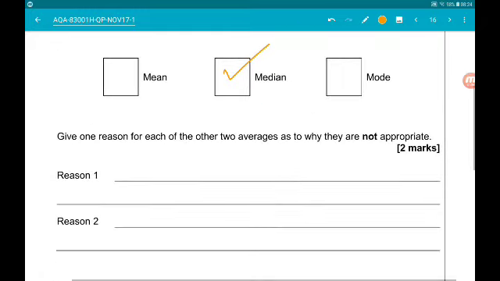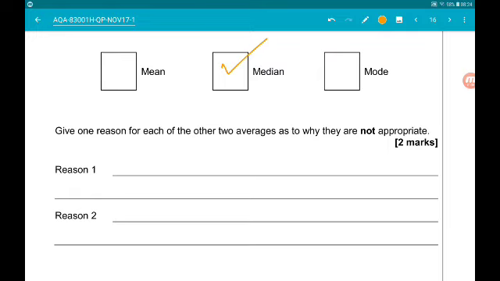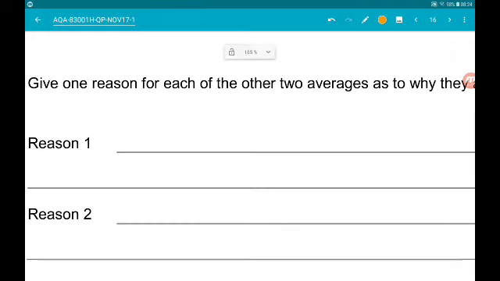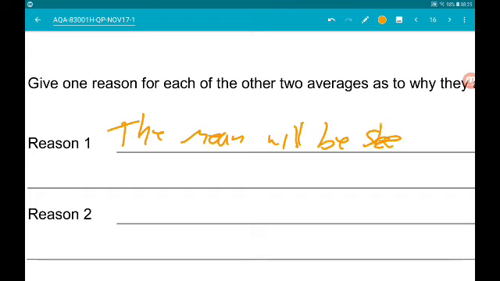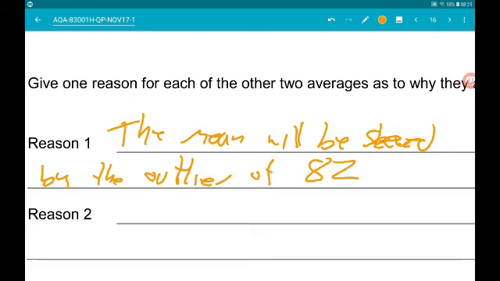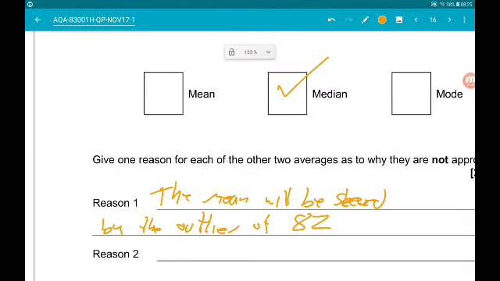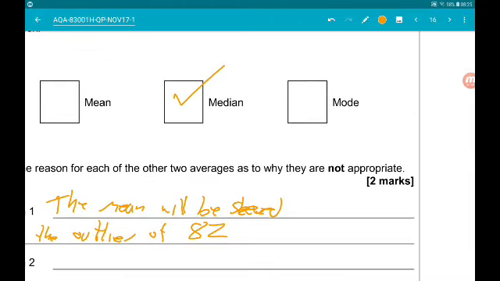Then we're asked to give a reason for each of the other two as to why they are not appropriate for this situation. So, the mean, as we just said, will be skewed by the outlier of 82, and then the other one was the mode.